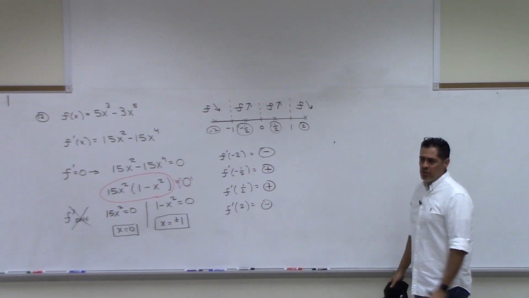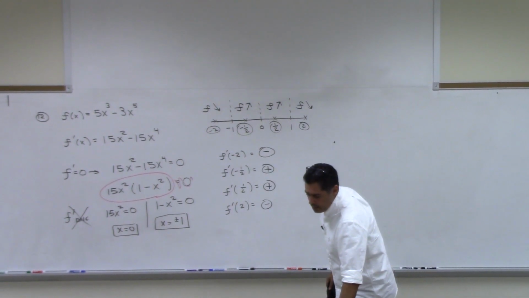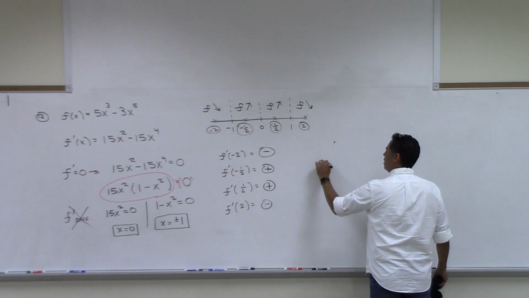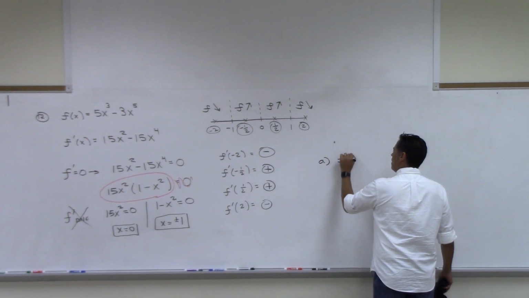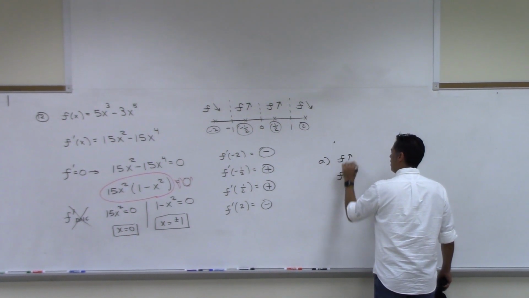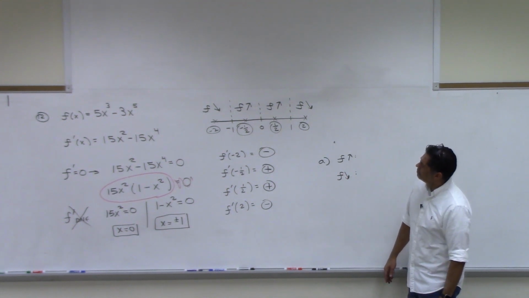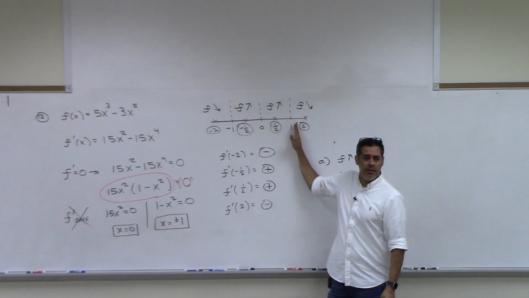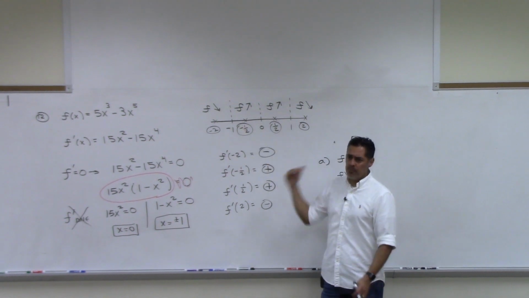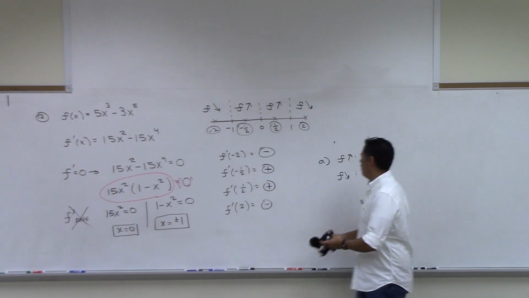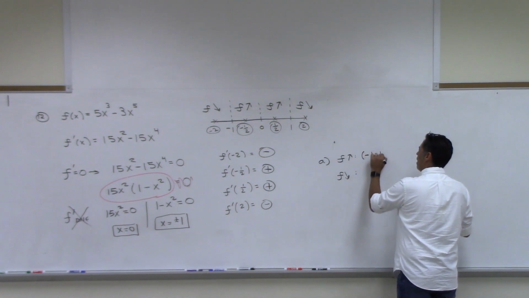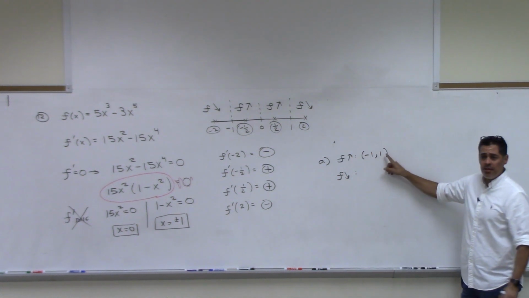So let's answer part A. Part A says, where is it increasing and decreasing? So f is increasing and decreasing where? Well, it's increasing between -1 and 1, right? Between -1 and 1, my function's going up. So -1 to 1. I told you in class, just use open intervals on these.